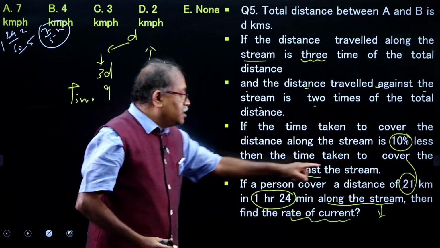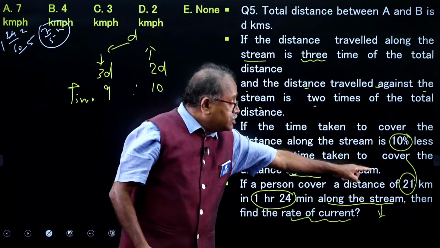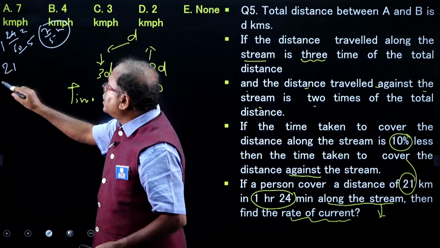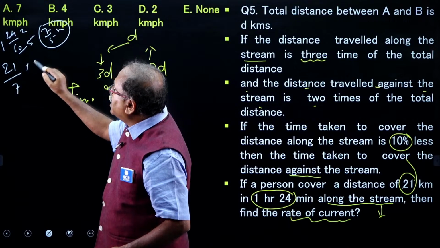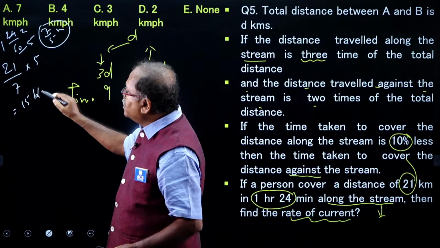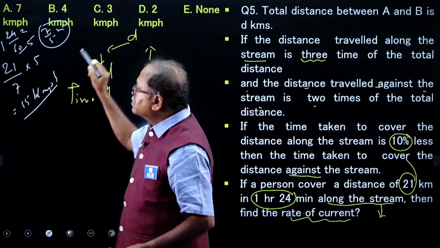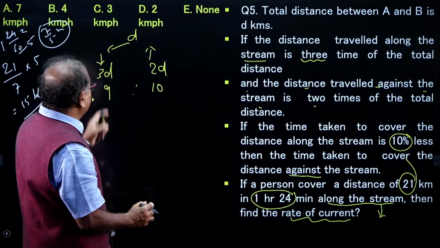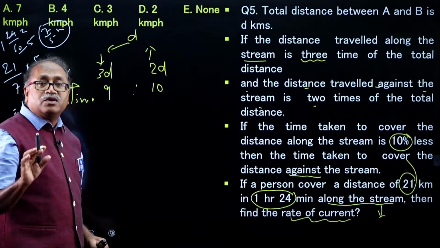Time for what? Downstream. How much downstream? 21 kilometer. So, let us do the rough work. 21 divided by 7 by 5, is it not 15 kilometer per hour? What is this 15 kilometer per hour? The downstream speed.